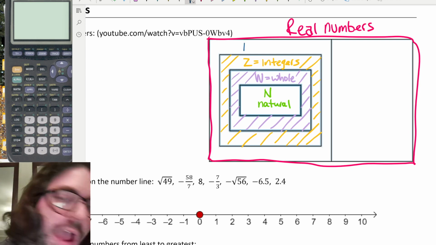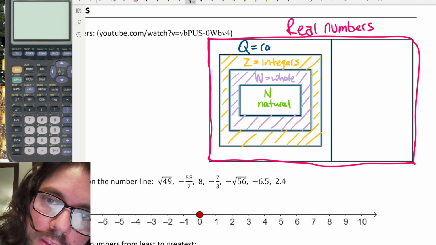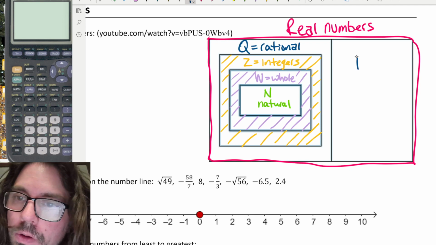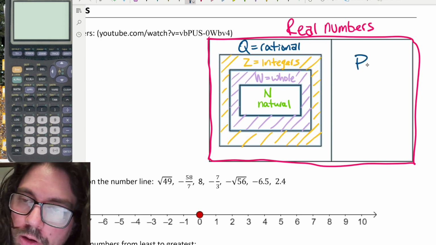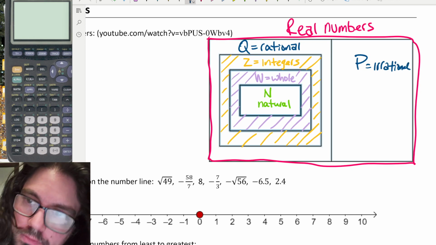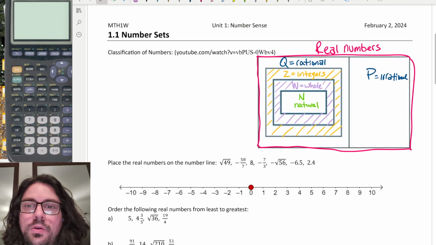We've got what we call the rational numbers, which we denote with the letter Q. And we've got what we call the irrational numbers, which we denote with the letter P. All right, so there we go. That's kind of the layout.